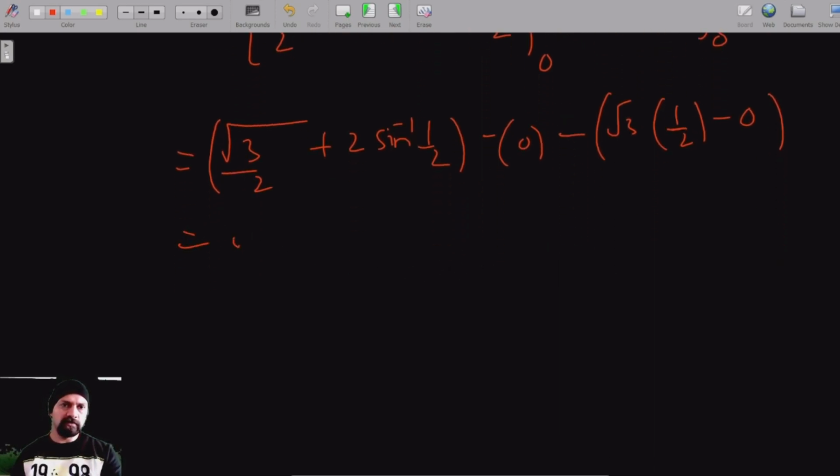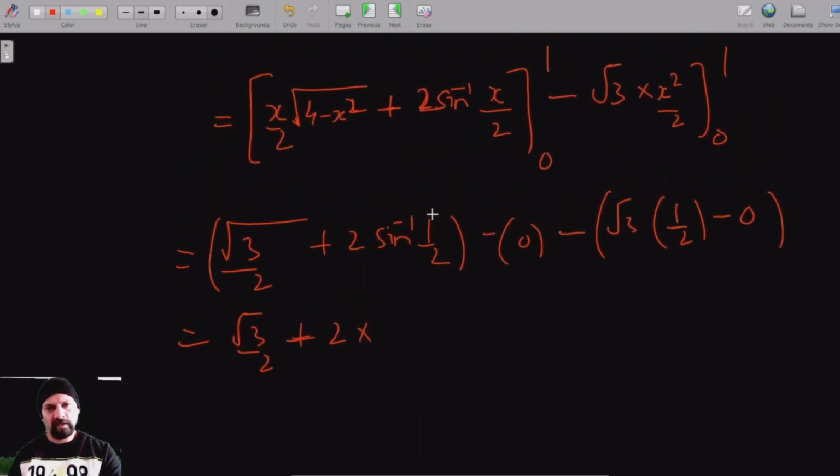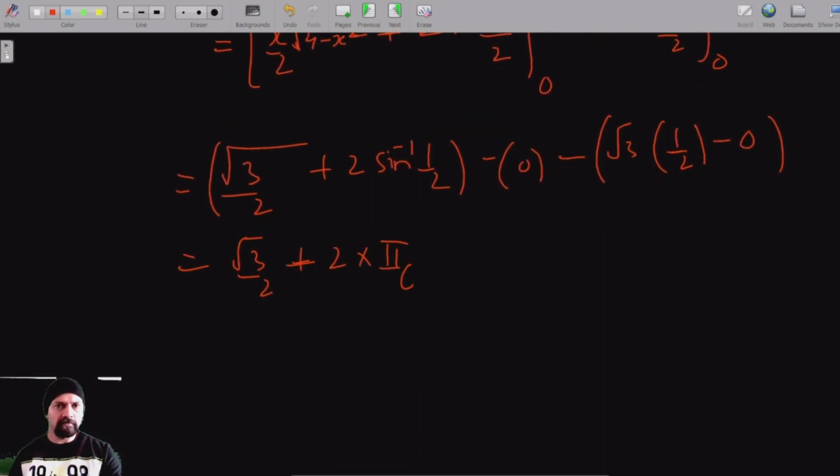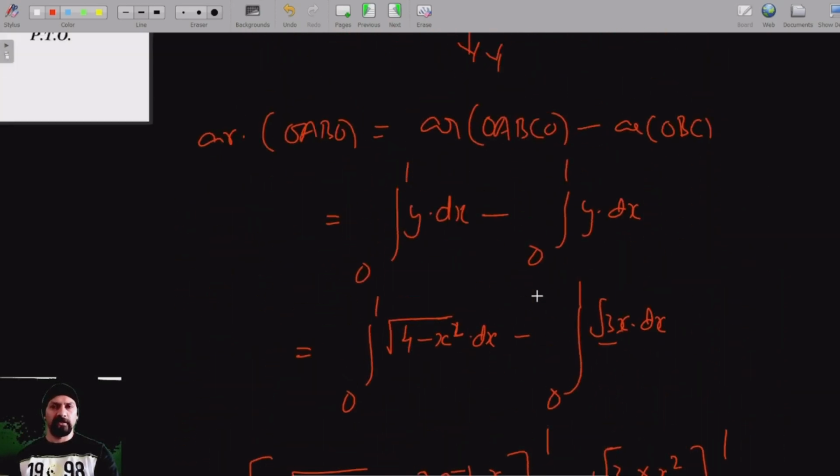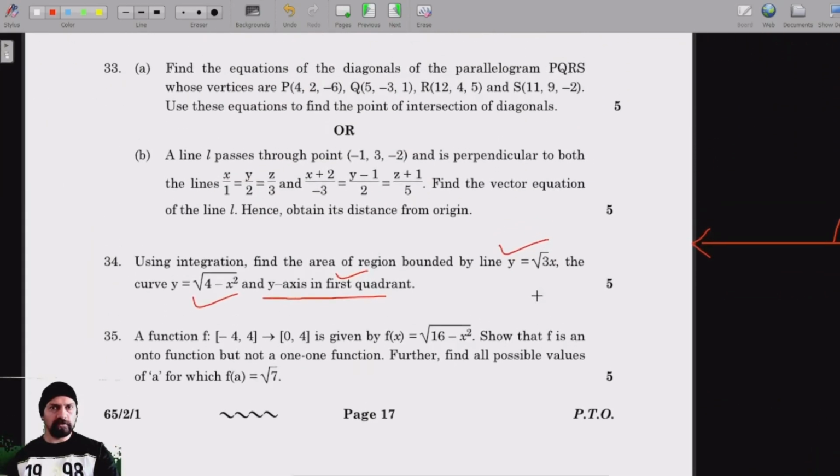Which gives us root 3 by 2 plus 2 into sine inverse half. Half is pi by 6, sine 30, minus 0 and minus root 3 by 2. So this gets cancelled, and it's pi by 3 square units is the area. Okay, so this solves our question number 34.